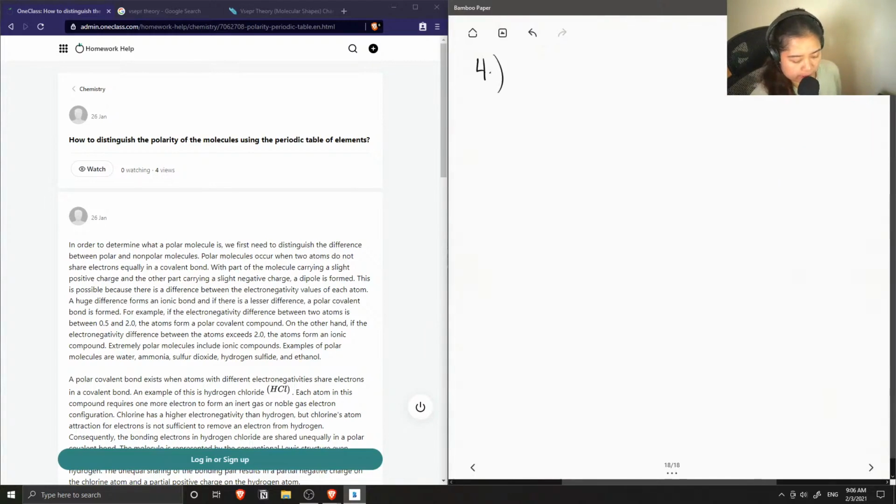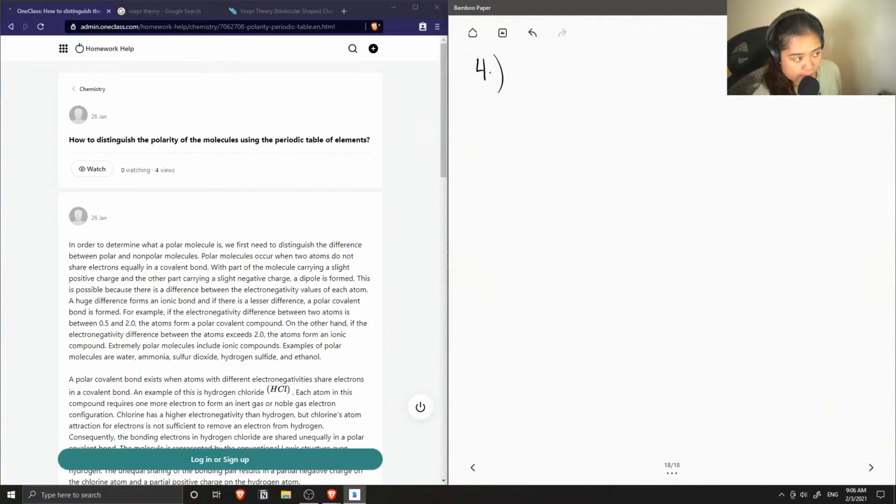Okay, so question number 4 is how do you distinguish polarity of molecules using the periodic table of elements?